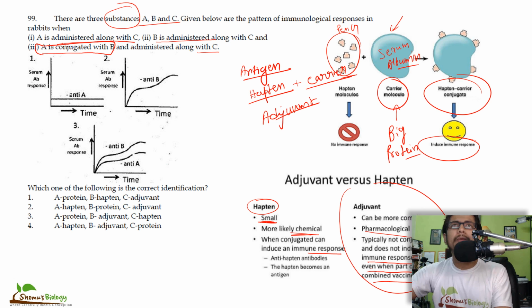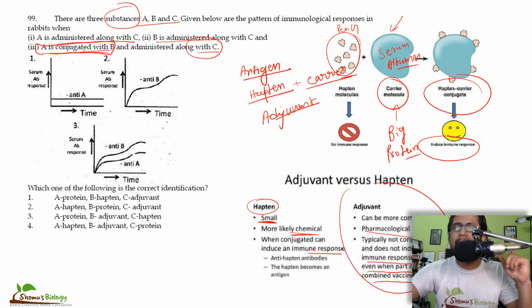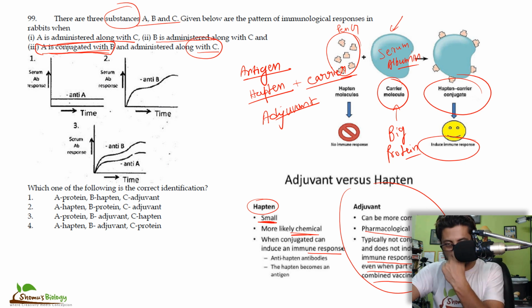Okay, so now when you read the statements: A is administered along with C, B is administered along with C, A is conjugated with B, administered along with C. From this third statement you can get a clear idea. A is conjugated with B, that means between A and B, one is hapten and one is the carrier. So between A and B, no one is adjuvant.